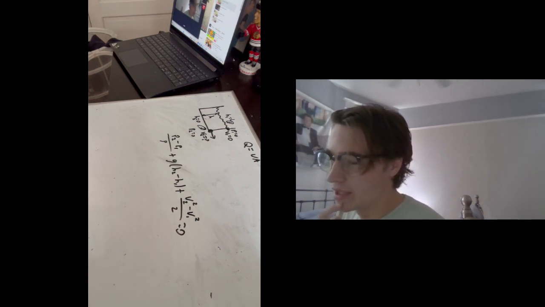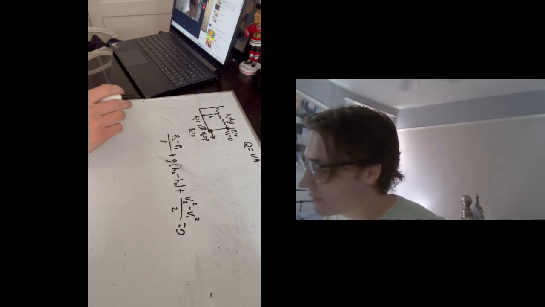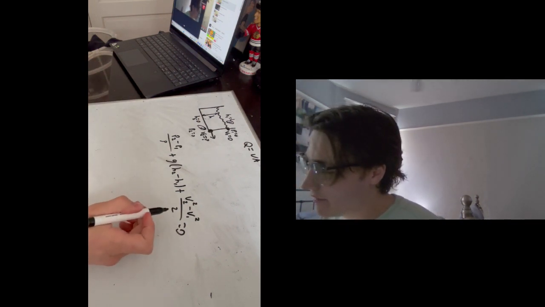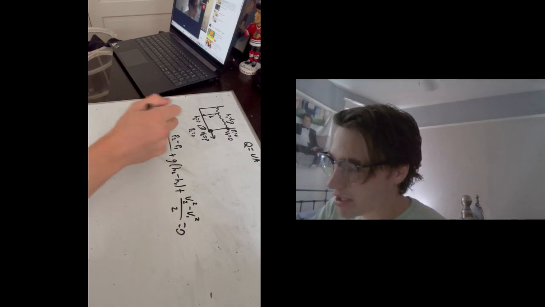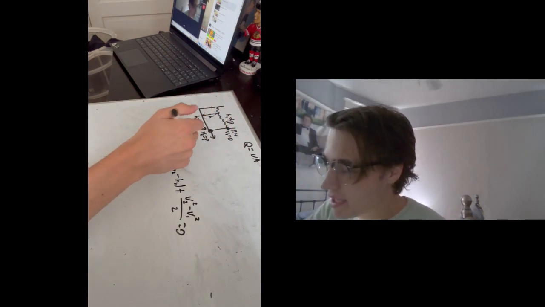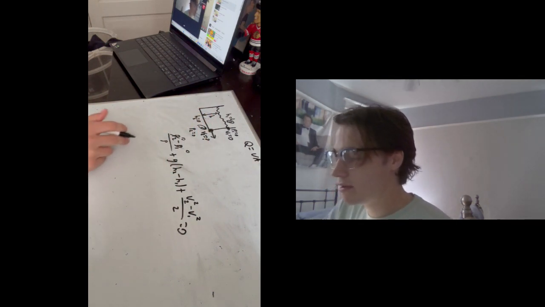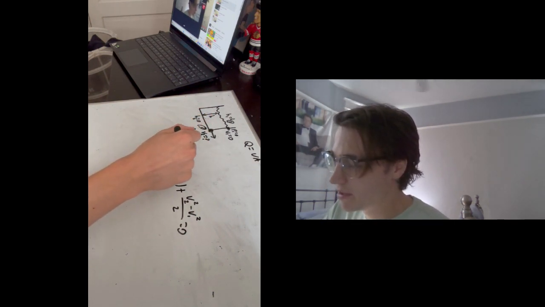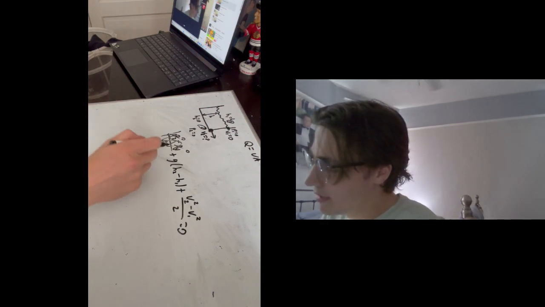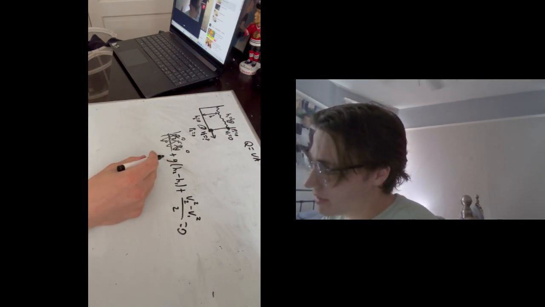So now we can start plugging in a couple of these values that we already have. First we have these two pressures. The pressure at the top, we already said that's 0, and the pressure at the bottom, we know that's also 0. So this whole part of the equation, our pressure, is negligible in this case. Then what else do we have?